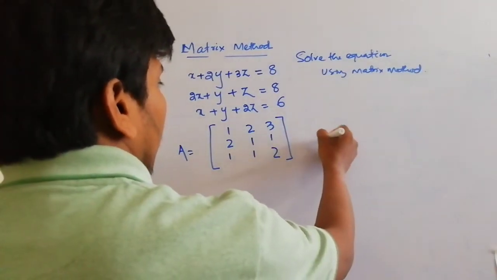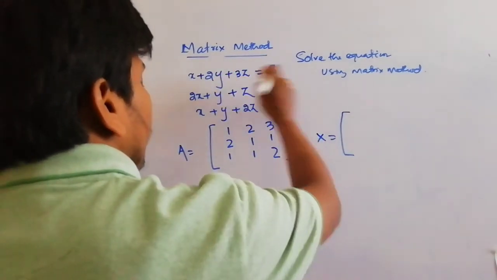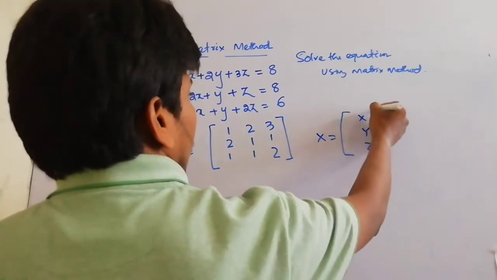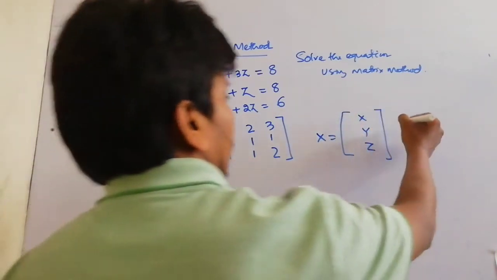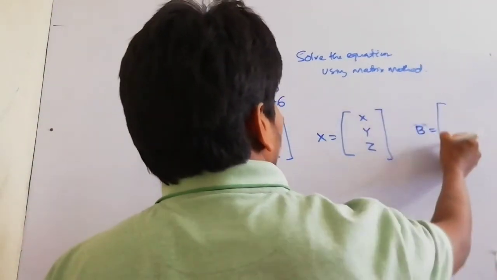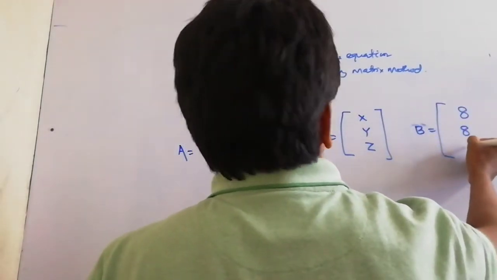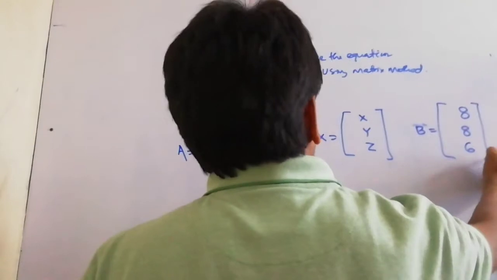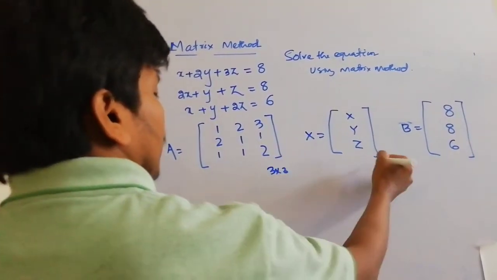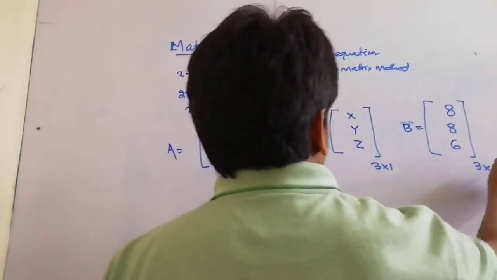X is the matrix of unknowns and B is the constant terms. So now the equation, this is 3 cross 3, this is 3 cross 1, and this one is 3 cross 1.